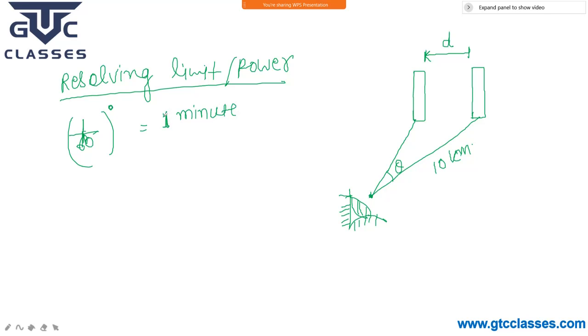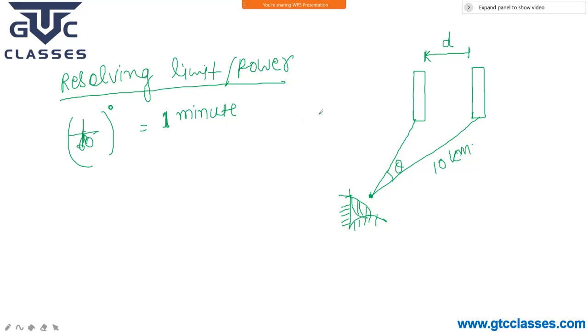If the two objects make less than a 1 minute angle, our eye cannot detect that these are two different objects. It is impossible for our eye. This is the limitation. That means we will see them as one object if the angle is less than 1 minute.